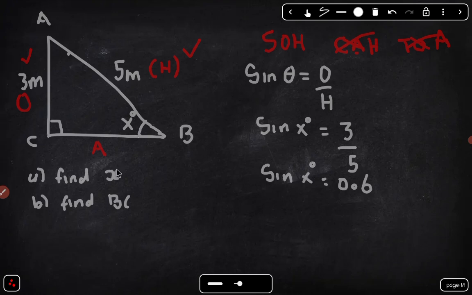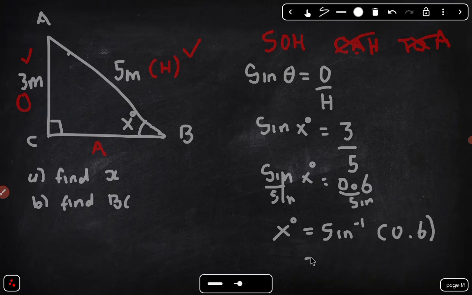Then what you want now is not the sin, you want to find x. The question says find x. So when you divide by sin on both sides, the sin goes away and you remain with x degrees is equal to sin inverse of 0.6.